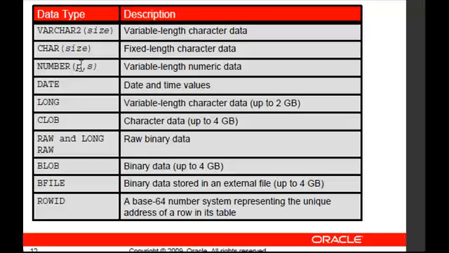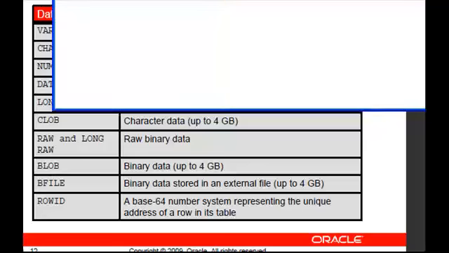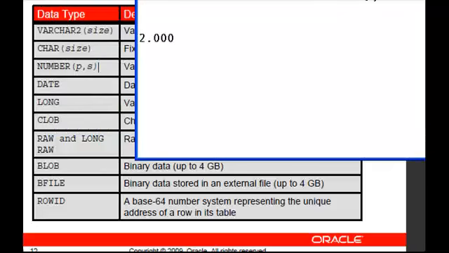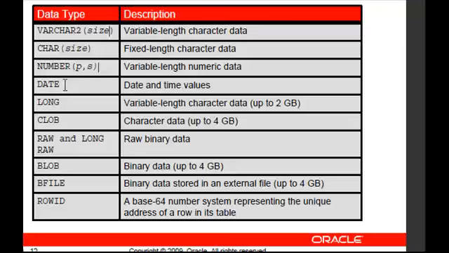For NUMBER, if for example I put 5,3 right here, it means I can put a number of total size 5, for example 2.000, so that means 5 digits. For P I'm going to put 5, and for this one I'm going to put 3. That means in total I have 5 digits, of which 3 digits are the fraction.